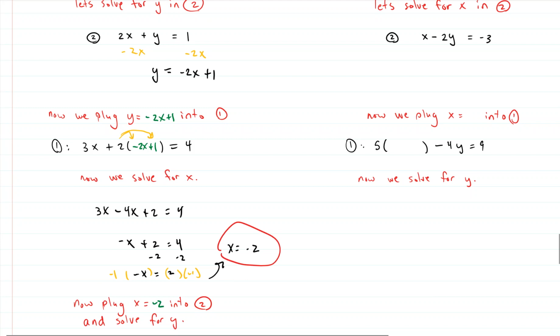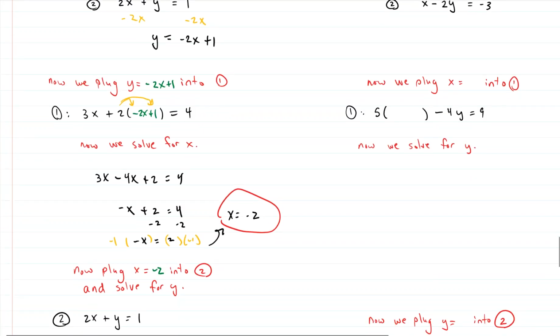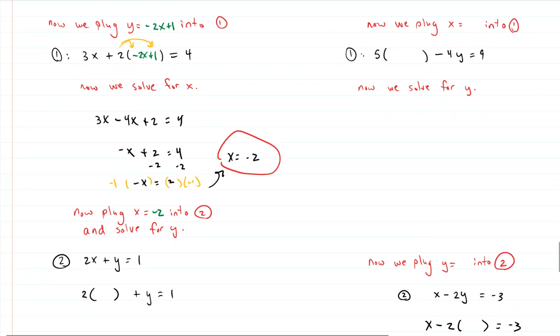Now let's plug that back into equation 2, or we could have used equation 1 and solve for y. So here's equation 2, 2x plus y. There really should be an x right here, but we know what x equals, so let's plug it in. X equals negative 2. And now 2 times negative 2 is negative 4 plus y equals 1.